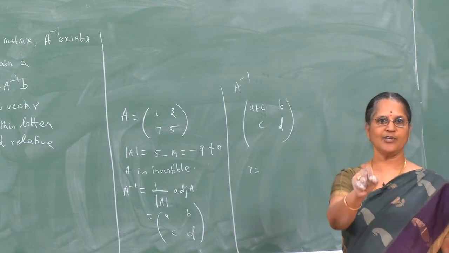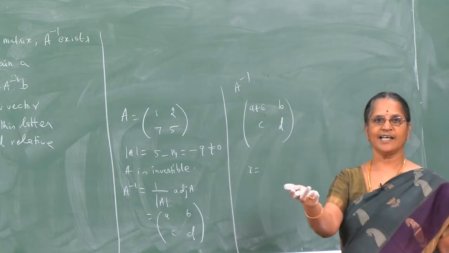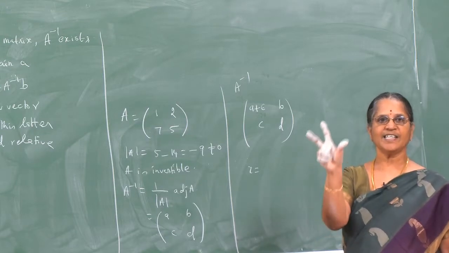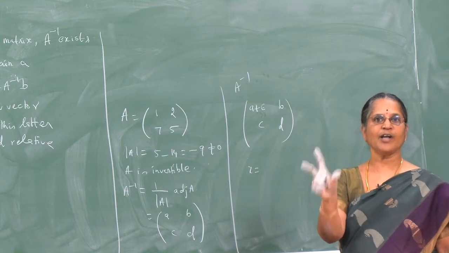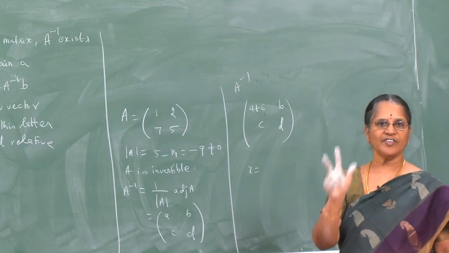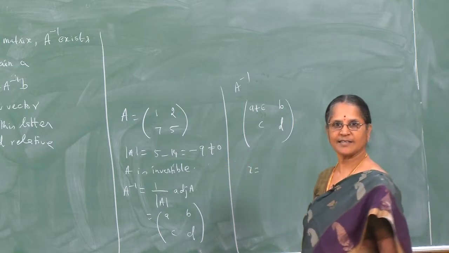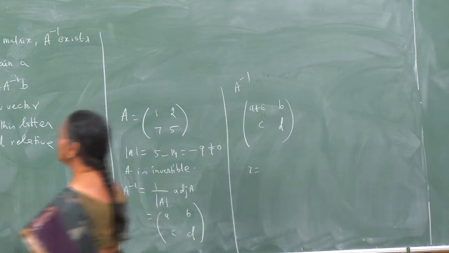If the actual solution is x and the computed solution is x tilde, what is the difference x minus x tilde? What is its magnitude? Since it is a vector, what is the norm of this vector x minus x tilde? That is what the question is. So, let us understand the question again.